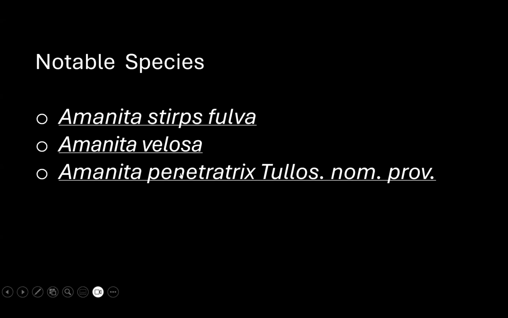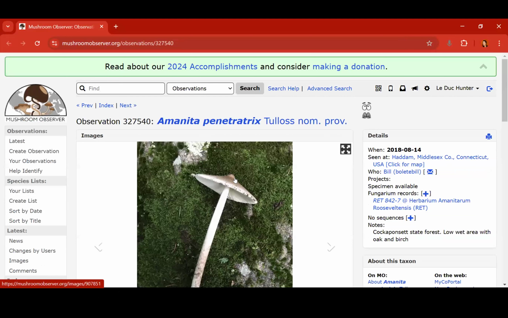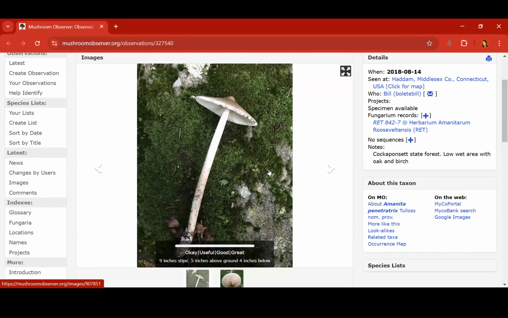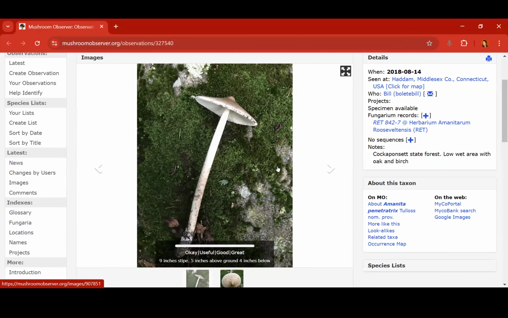And then I wanted to point out one more, one that Dave had alerted me to, Amanita penetratrix. This one has a rooting base and a really pronounced umbo that I believe aids in breaking through the earth upon emergence.